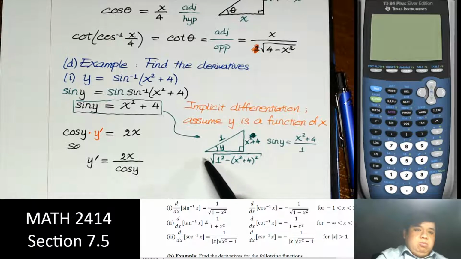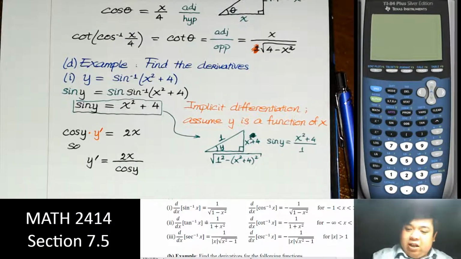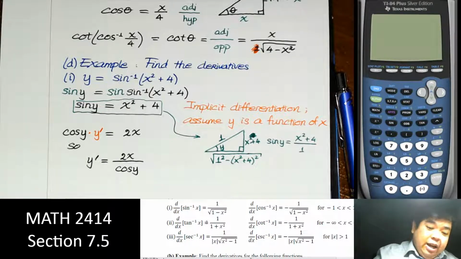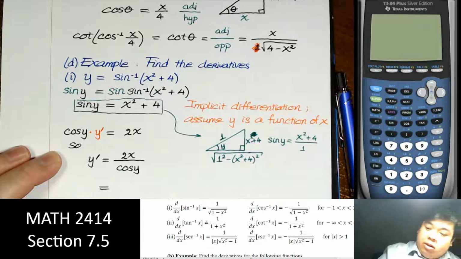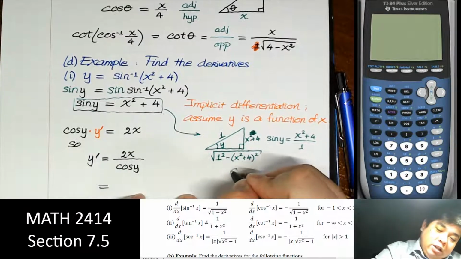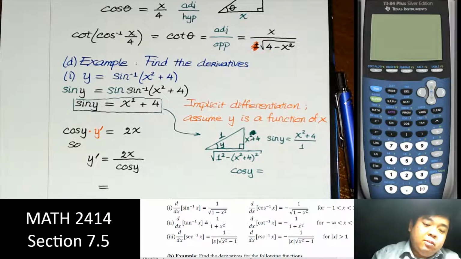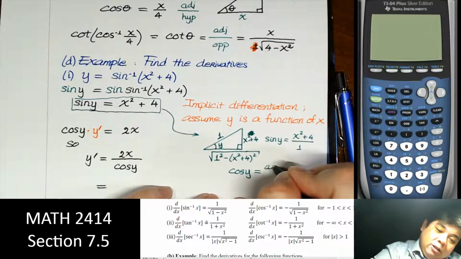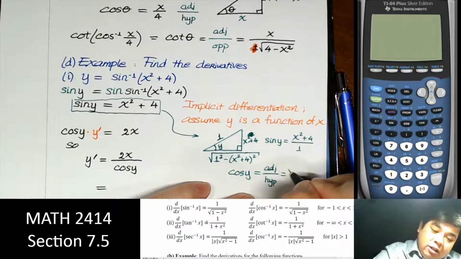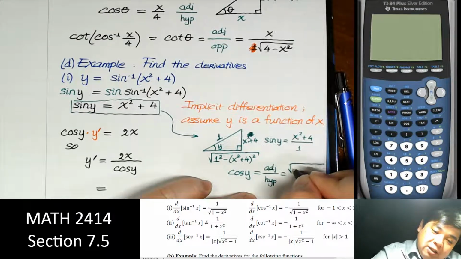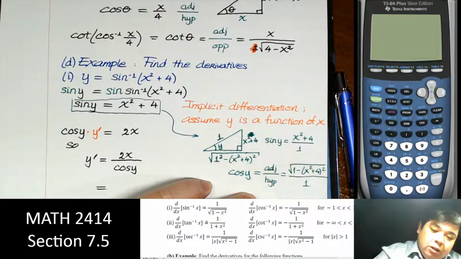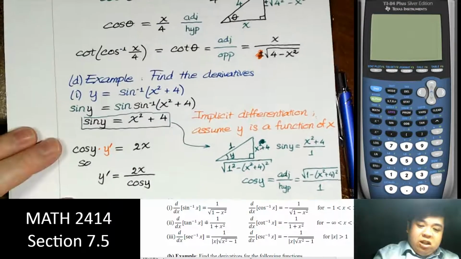Again, you don't need to put the plus or minus there. We assume that everything is defined. And then finally, we substitute back into the problem. Cosine of y is adjacent over hypotenuse. Adjacent divided by 1 is just itself.